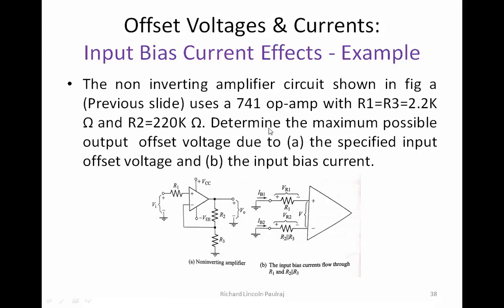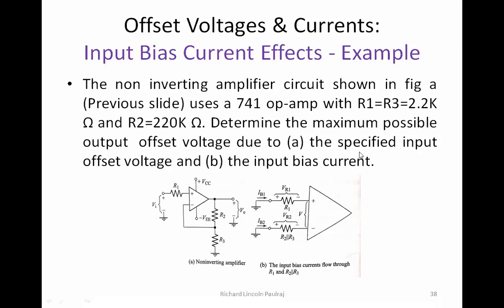Determine the maximum possible output offset voltage. So I am talking about offset voltage at the output, V naught OS, that is what is asked here, right? Determine the maximum possible output offset voltage due to, number one, the specified input offset voltage and the input bias current. So two things they want us to consider while finding the V naught OS.